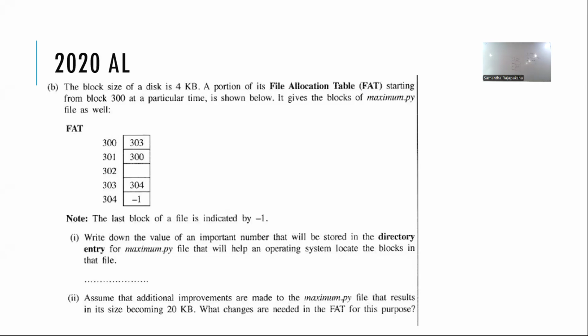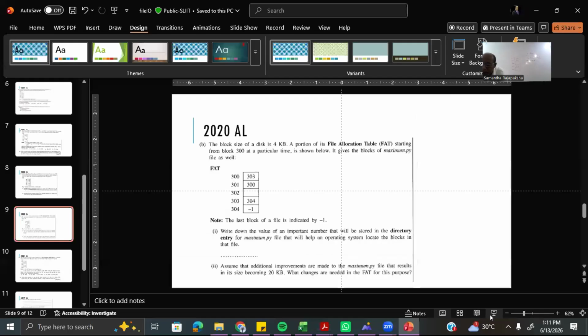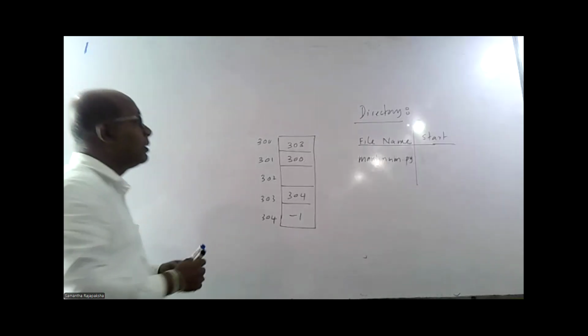Done, sir. Okay, now in this question, you can see they have given a snapshot of the file location table. They are asking what address we need to store as the starting value, when the file is 20 kilobytes and one block size is 4 kilobytes.